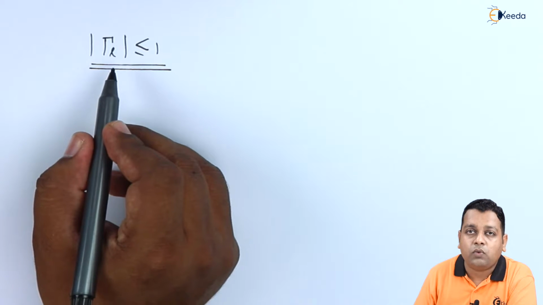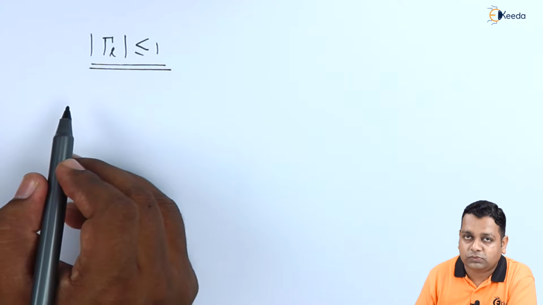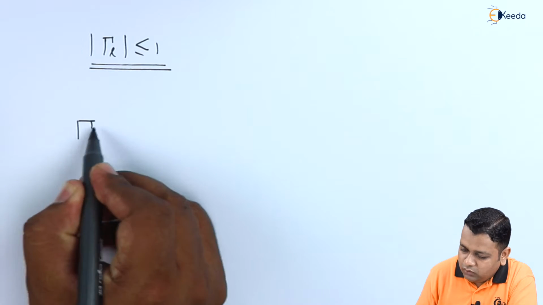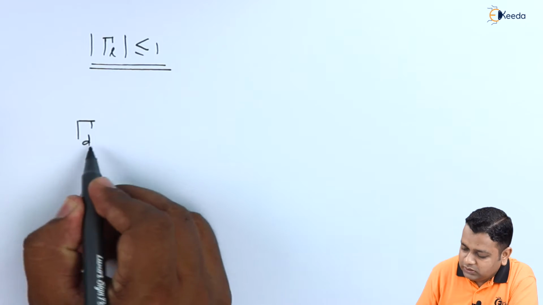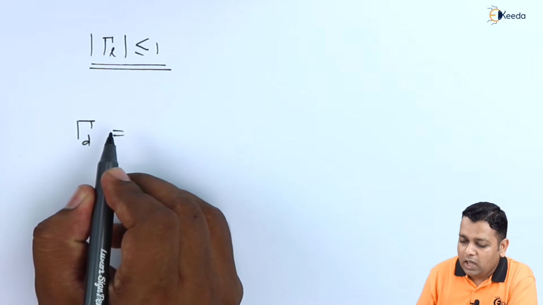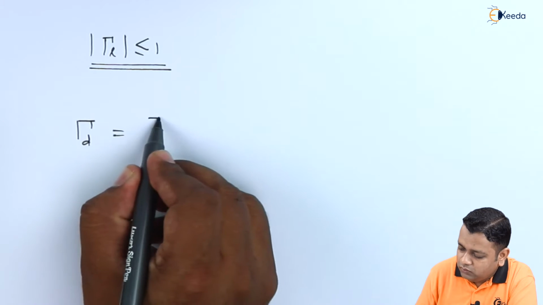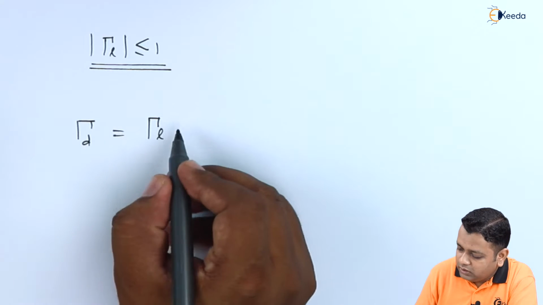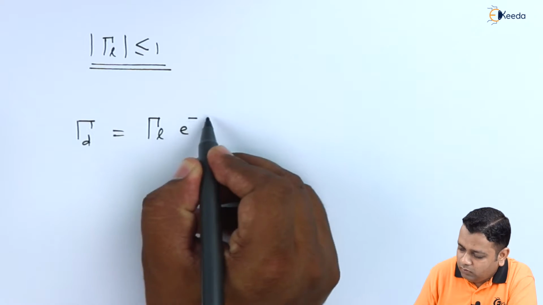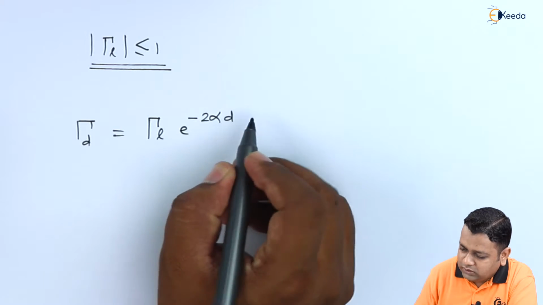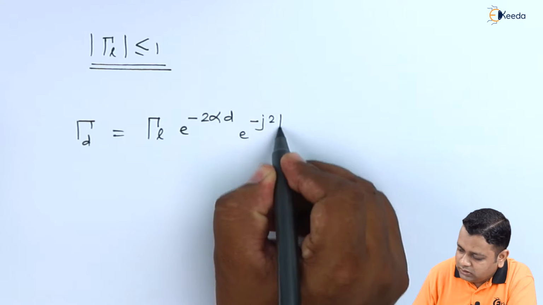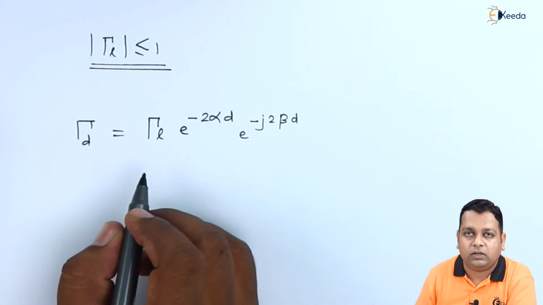Now at any position onto the transmission line, when we are going to determine the reflection coefficient, we denote it as gamma suffix small d. So gamma suffix small d is equal to gamma suffix L represented earlier, in multiplication to the exponential e to the power minus twice alpha times d, into e to the power minus j times twice beta into d here.